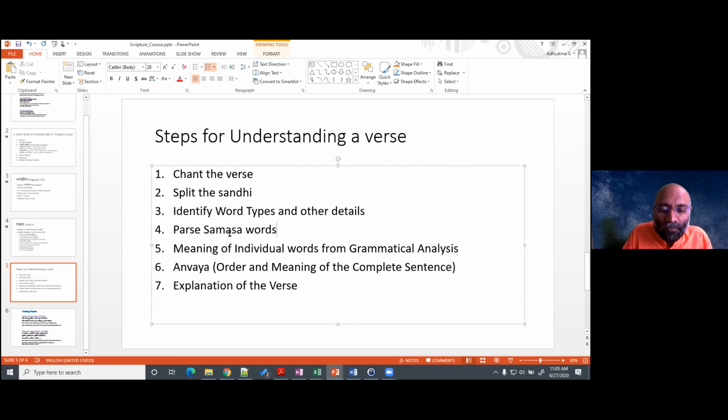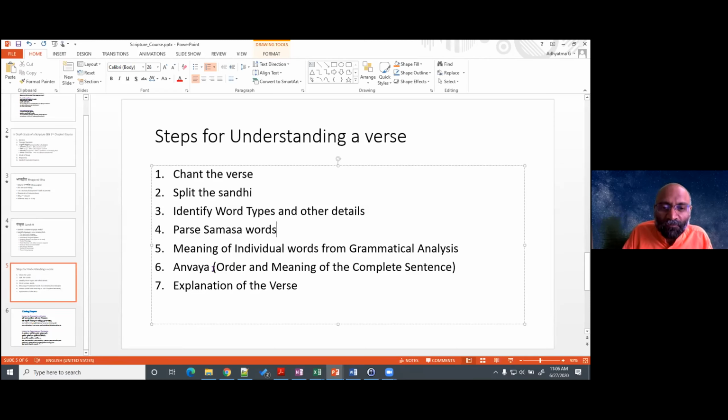And we have to understand those compound words. Then you have to further see any grammatical analysis, which is throwing some light on the individual words to see if you can get more information about those words.